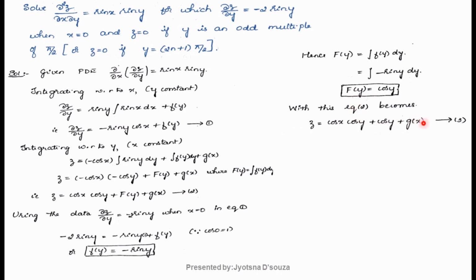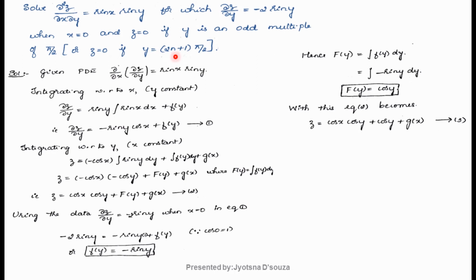Now I have to find the value of g(x). For that I use the second given condition, that z = 0 if y is an odd multiple of π/2. What do we mean by y being an odd multiple of π/2?